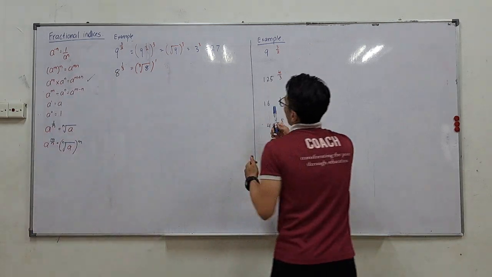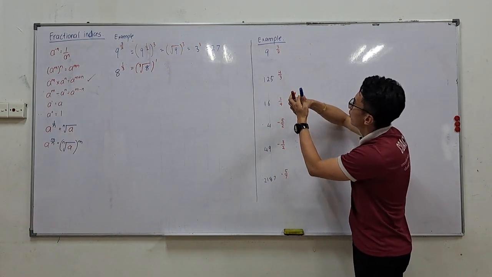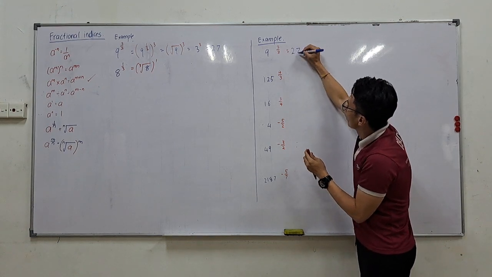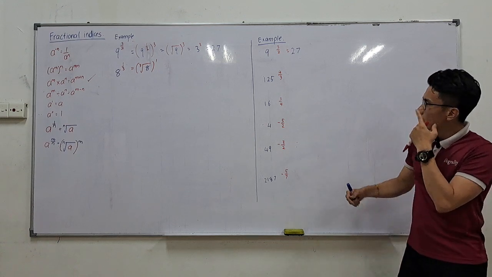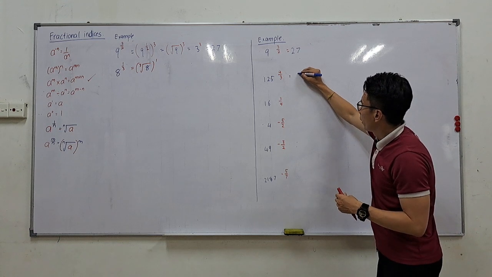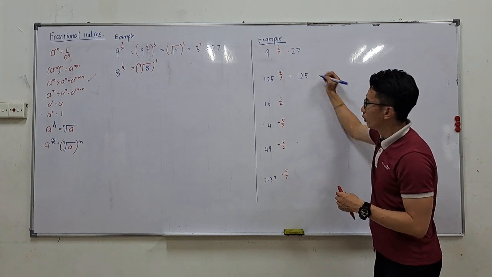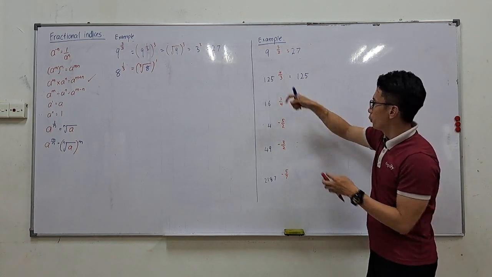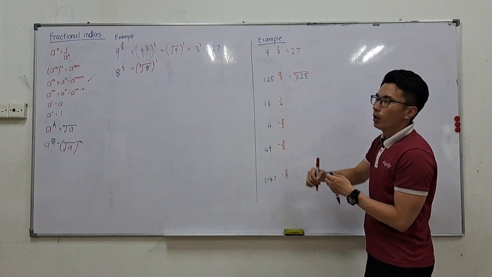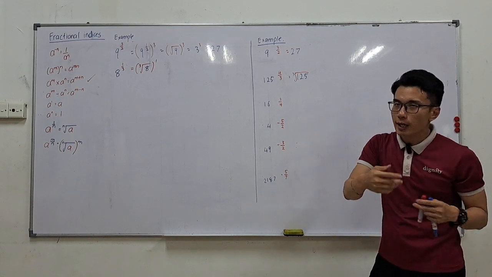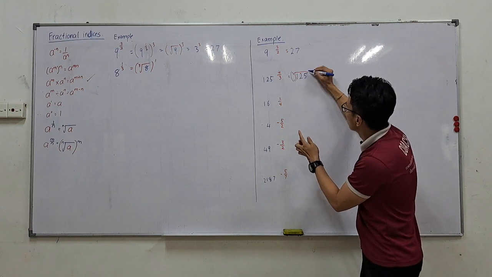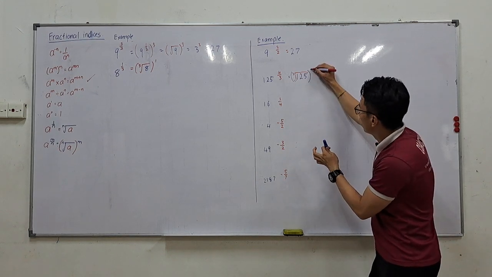So let's try out this, okay? We have already solved this. This is 27. Now what about this one? Same thing over here. I have 125, the cube root, over 3. This tells me I have to take the cube root of 125, and then I will raise all of this to the power of 4.